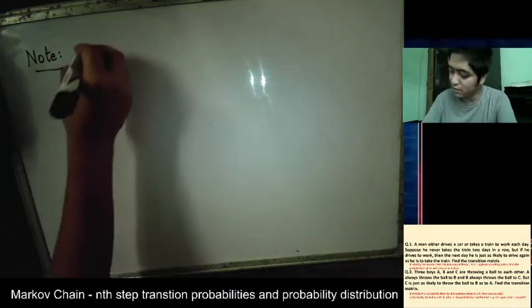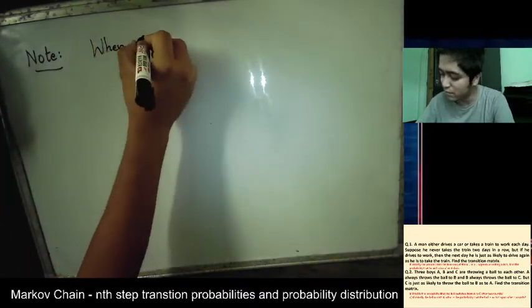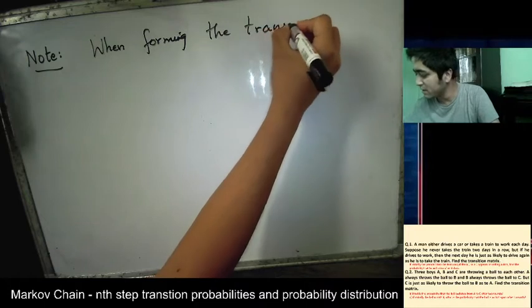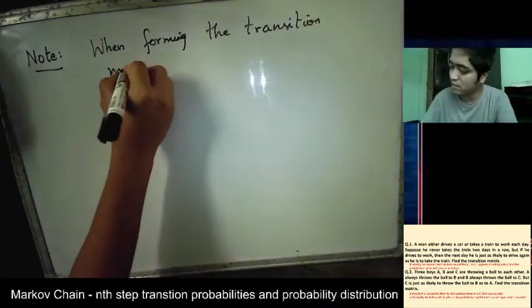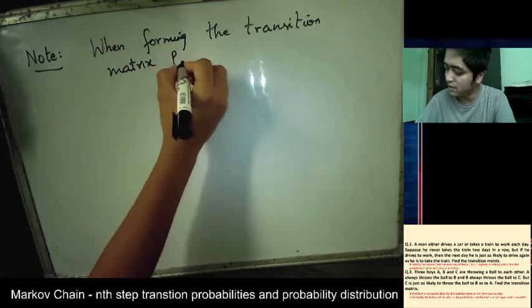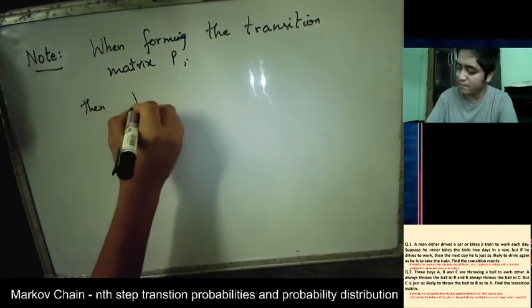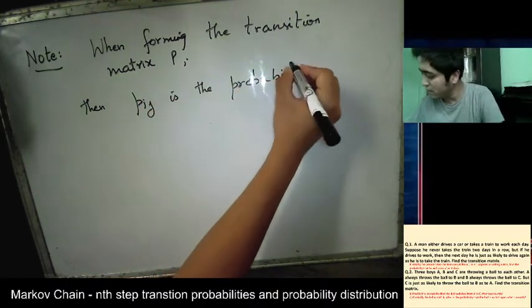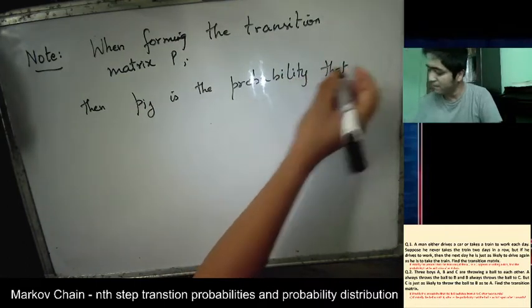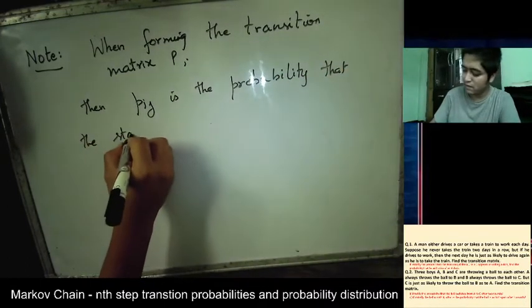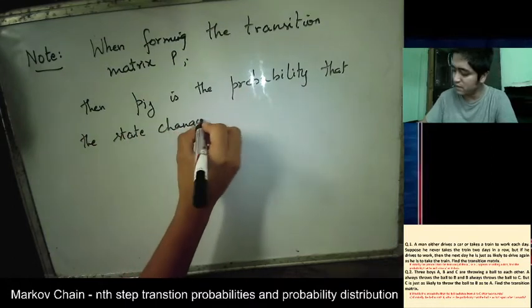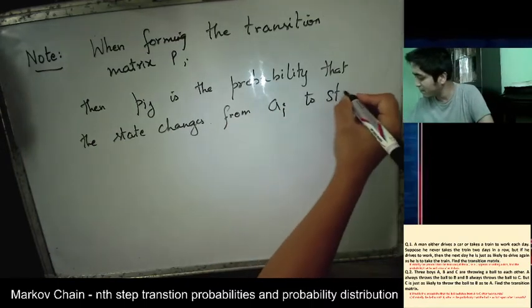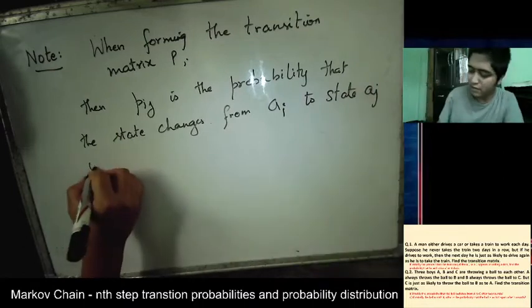Note: when forming the transition matrix P, then Pij is the probability that the state changes from state AI to state AJ in one step.